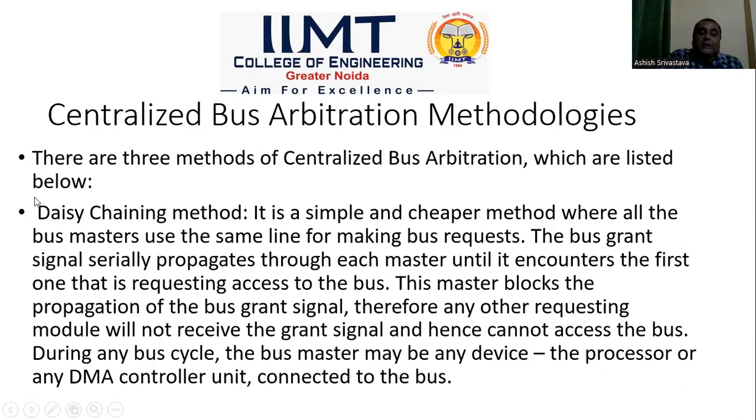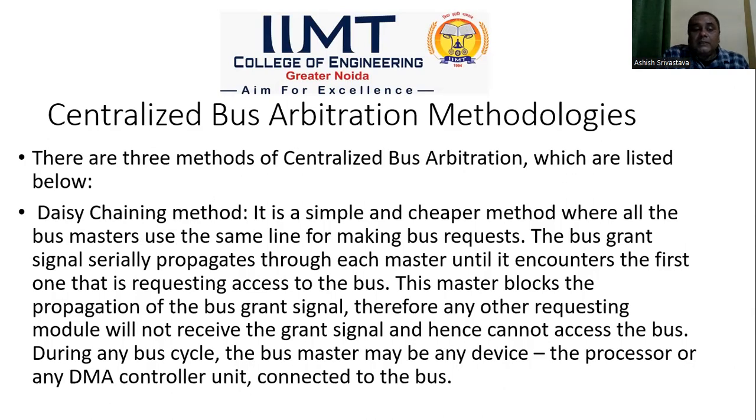The daisy chaining method is very popular for centralized bus arbitration and is very important from an exam point of view. What is it? It is a simple and cheaper method where all the bus masters use the same line for making a bus request. The bus grant signal propagates serially through each master until it encounters the first one that is requesting access to the bus.